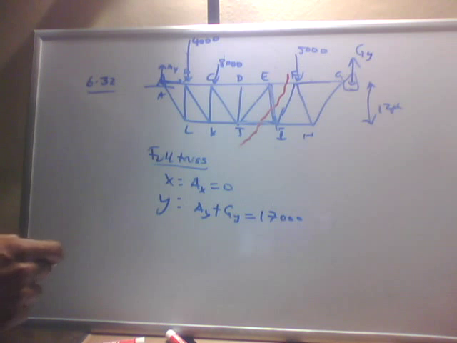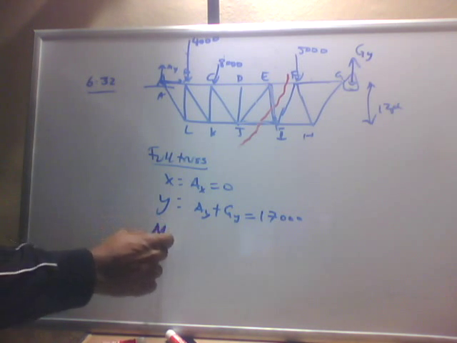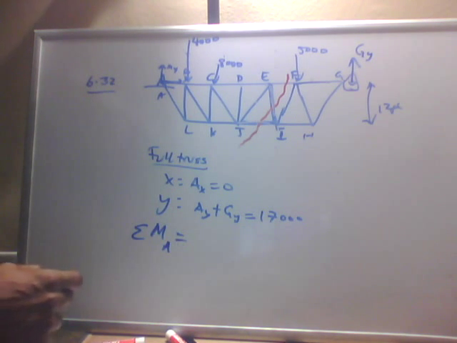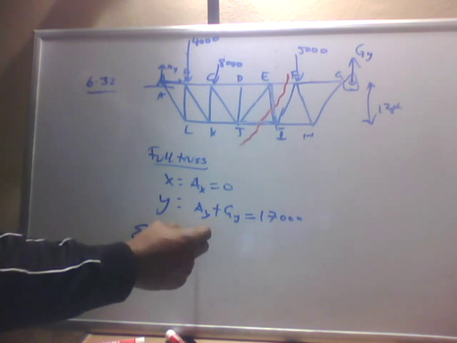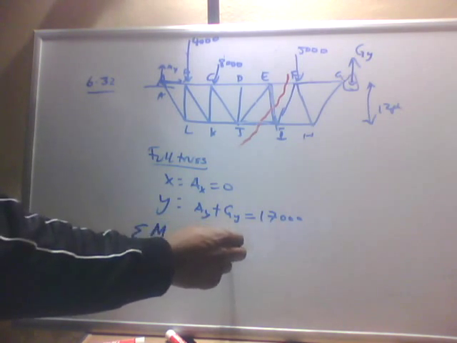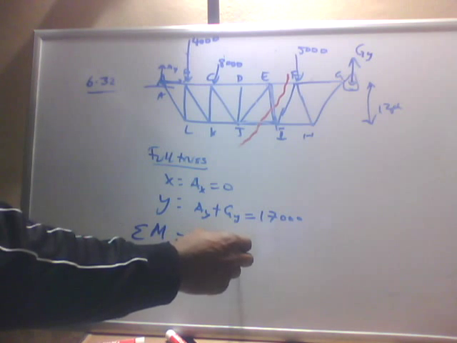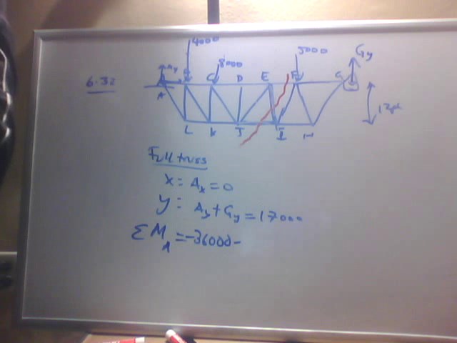Okay. Do a moment about A. It is 0 due to that. 4,000 times 9, which is 36,000, and that's negative because it's clockwise. 8,000 times 18 is what? 144,000.